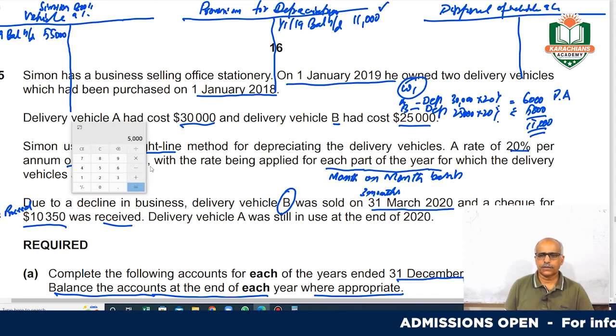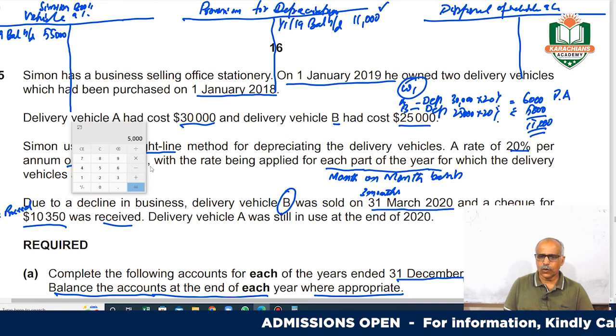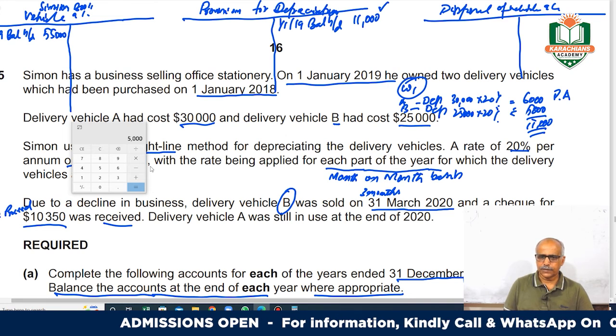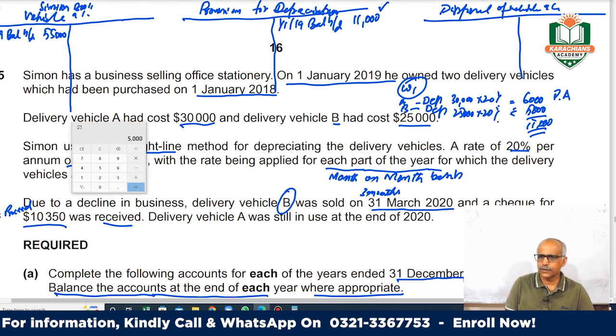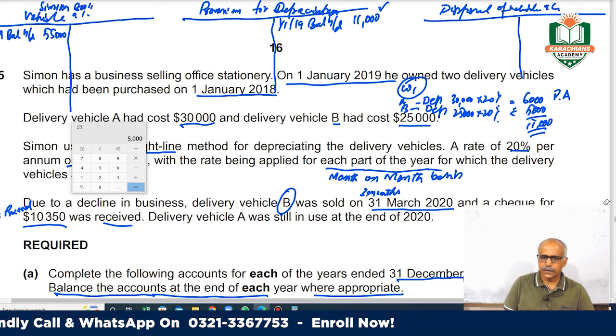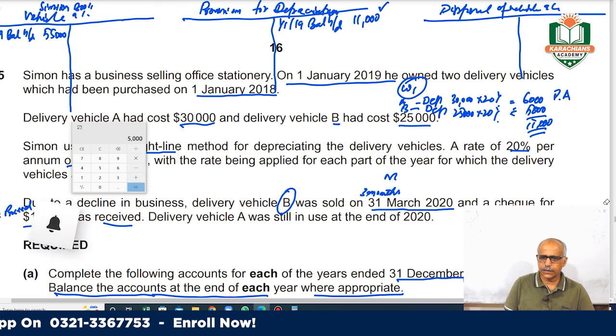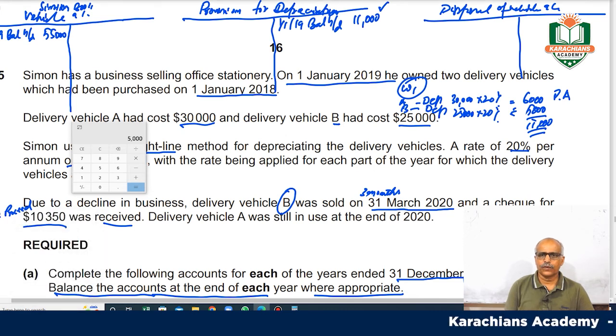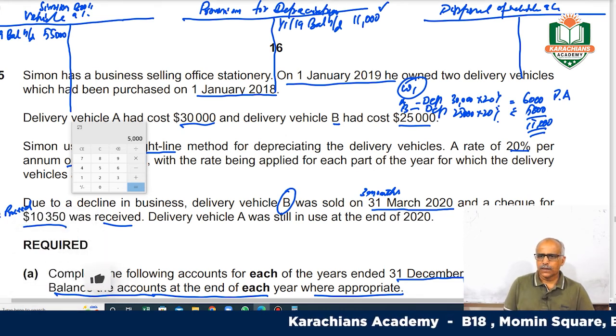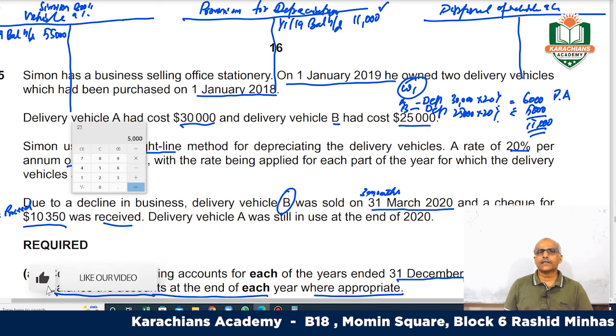So this is depreciation for, and what will be the dep here? Month on month basis I already explained you. Here 3 months. So this 11,000 will be charged in 2018.